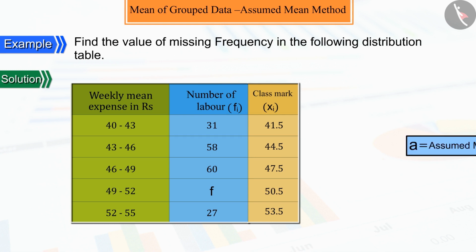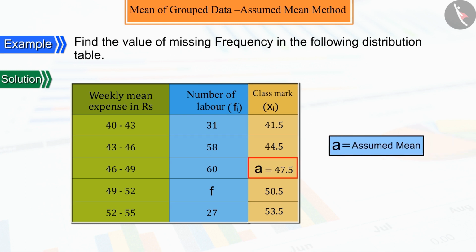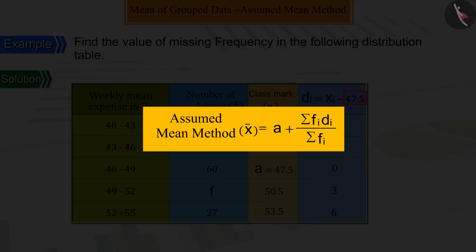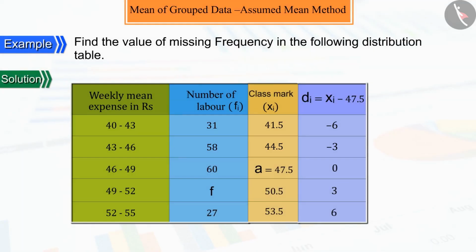Suppose here the assumed mean, that is A, is equal to 47.5, with the help of which we represent the difference di between A and each xi. From the assumed mean method, we can see here that we need the sum of the products of fi di and the sum of frequencies fi.